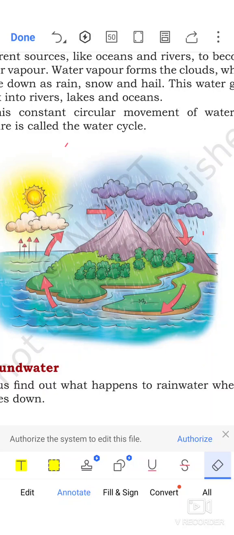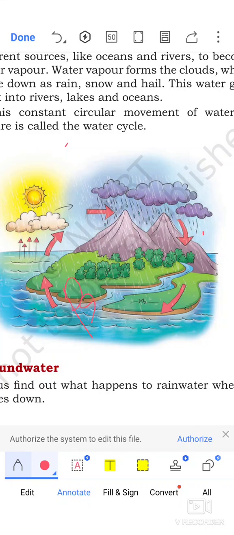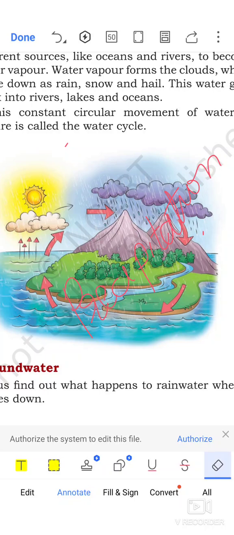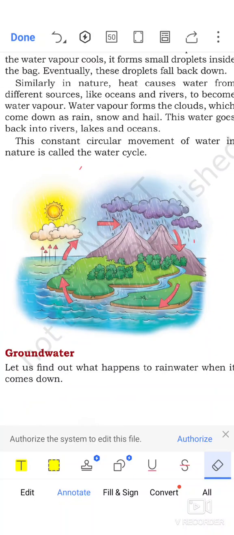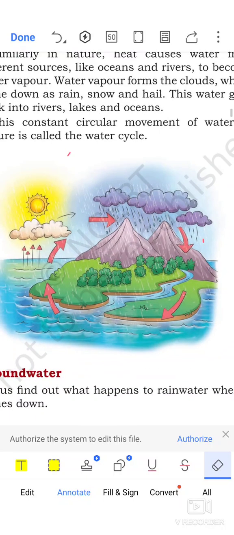This process is known as precipitation. Okay, so these processes are involved in the water cycle. In this way, these three processes are present in the water cycle. This process is continuous, so it is known as the water cycle.